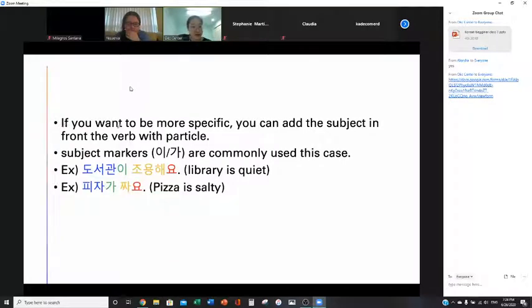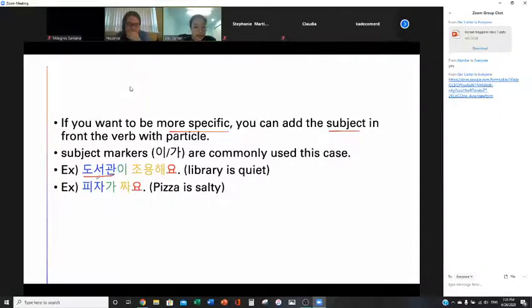And also if you want to be more specific, you can add a subject in front of the verb. In this case, the subject marker 이 or 가 is more likely to be used. Right here, this is the example that I colored to make it distinguishable. 도서관 means library.